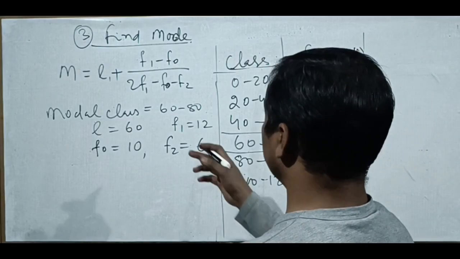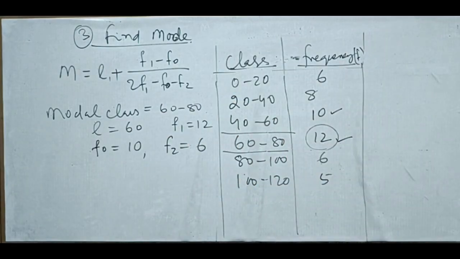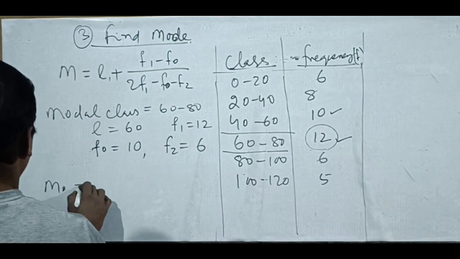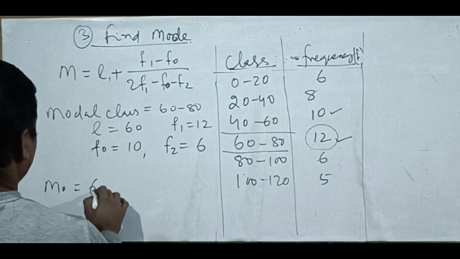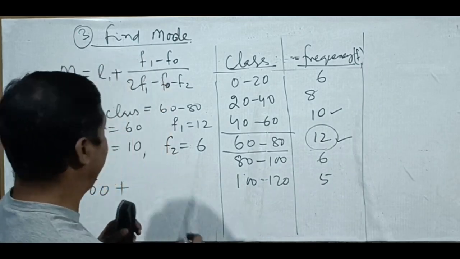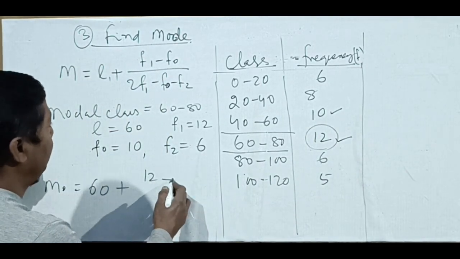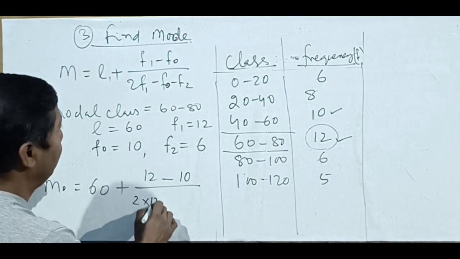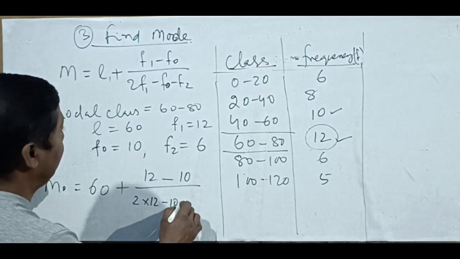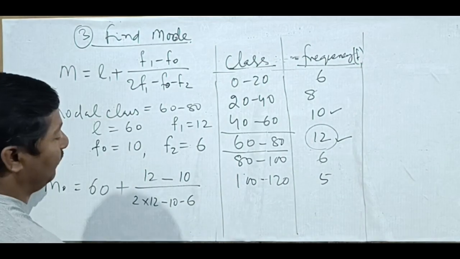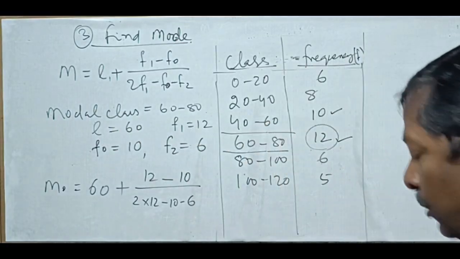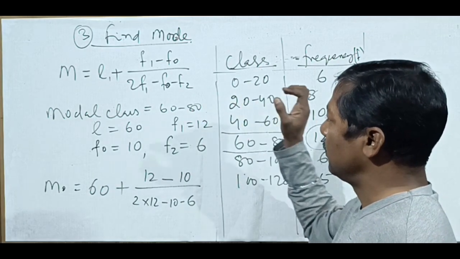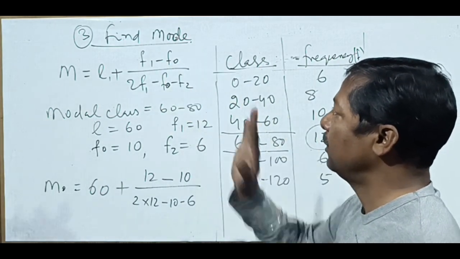Okay. Now you have to calculate this by taking the values in the formula. So what is the mode? Mode will be L1 is 60 plus f1 is 12, minus f0 10, by 2 into f1 12 minus f0 10 minus f2 6. Okay. Just remember the formula, and decide which data will be taken for f1, f0 and f2.